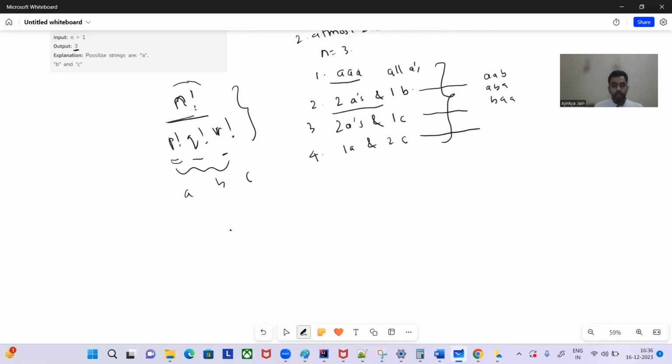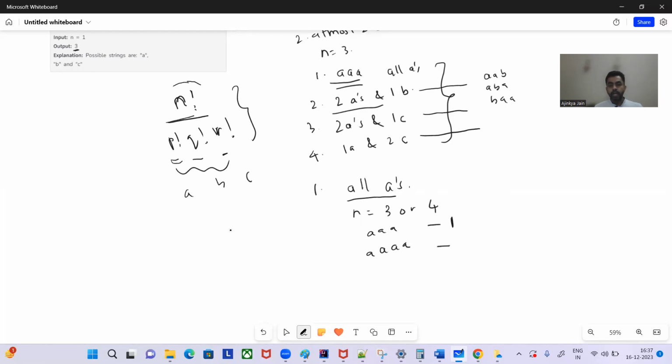For the first case, all A's, whatever n is, if n is 3 it will be AAA, or if n is 4 it will be AAAA.